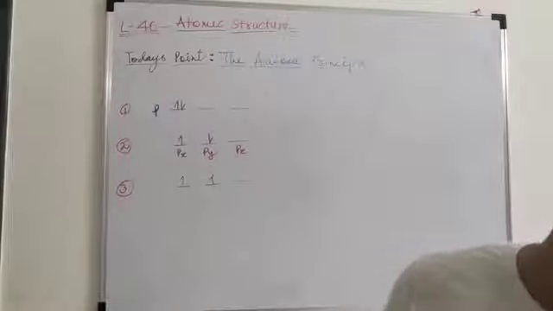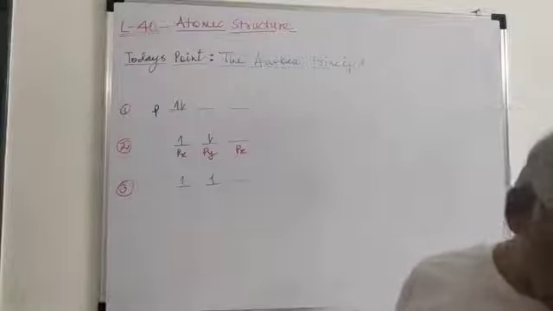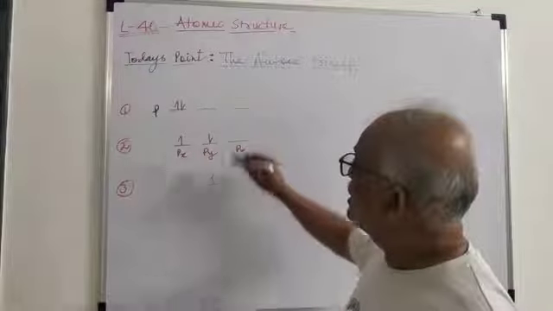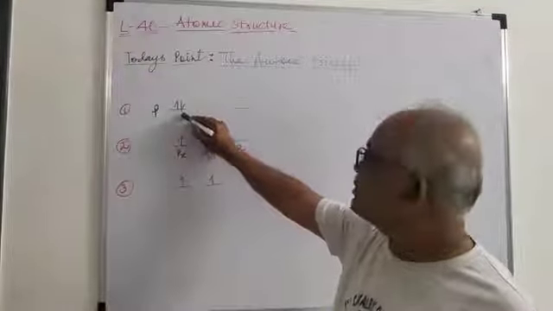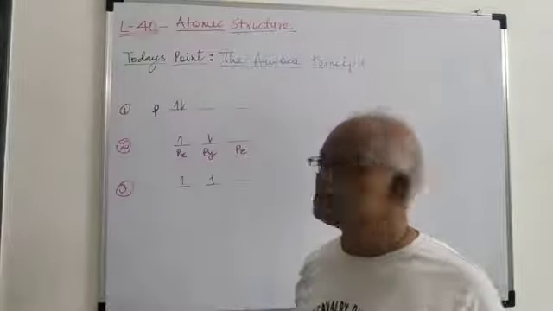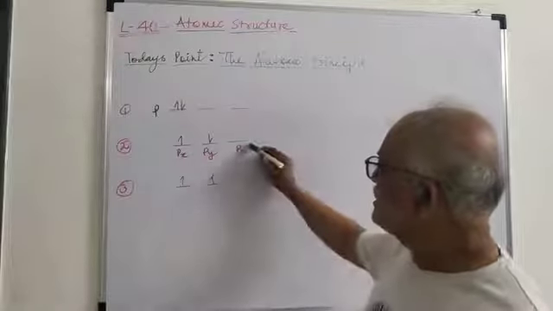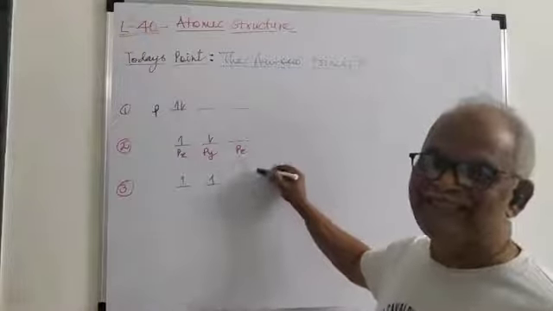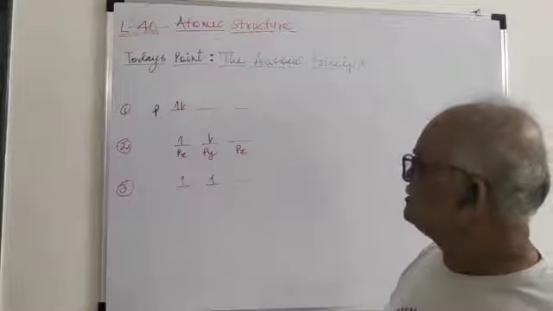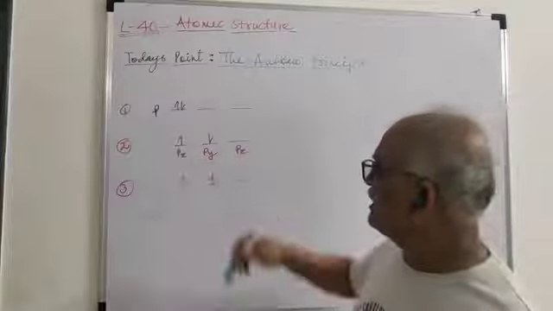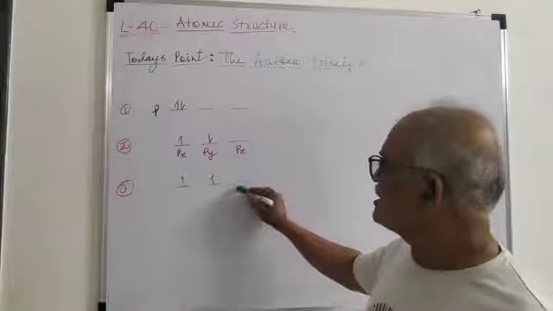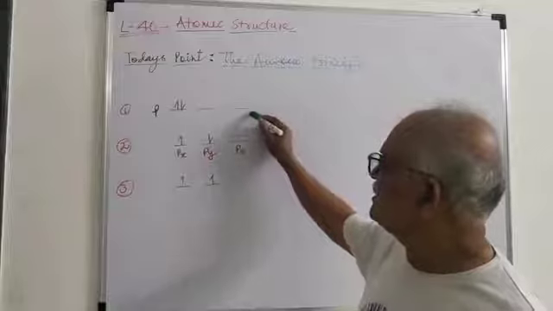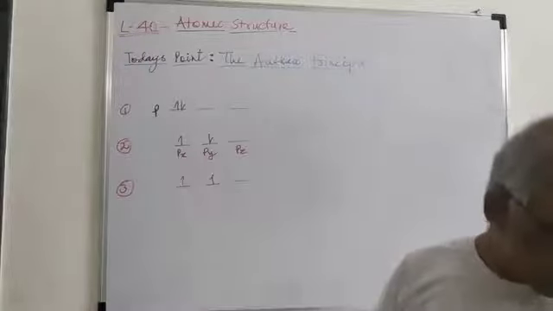Here in this case the Coulombic energy is more because the electrons are paired. In the other cases there is only the possibility of exchange energy. This is the lowest energy, this is relatively higher energy, and this is even higher in energy.